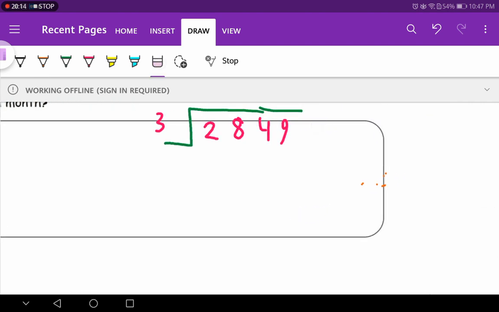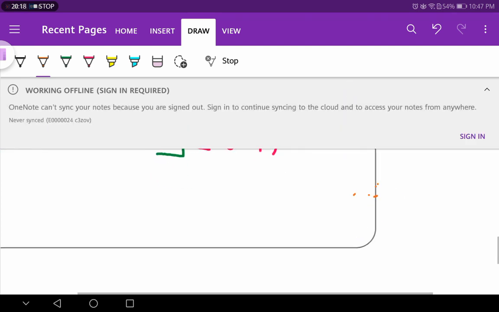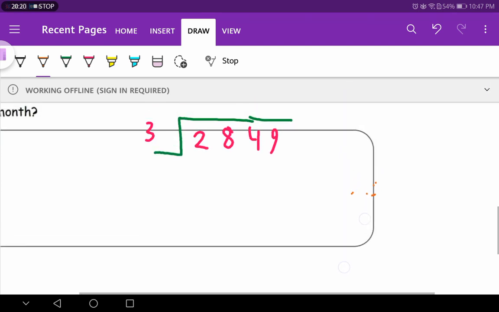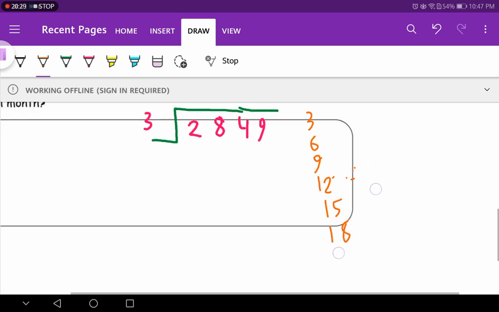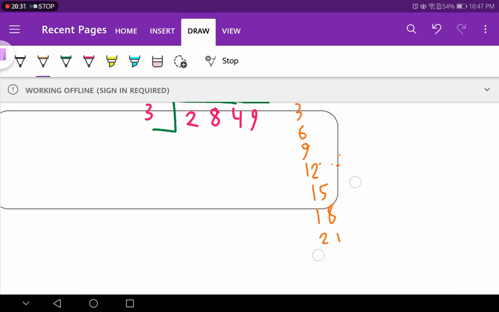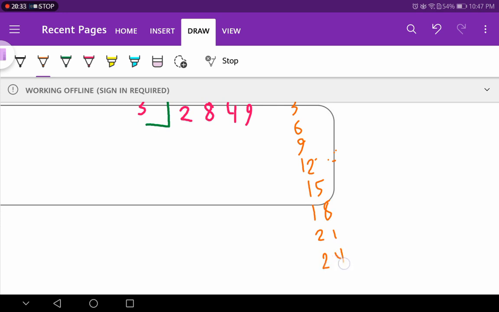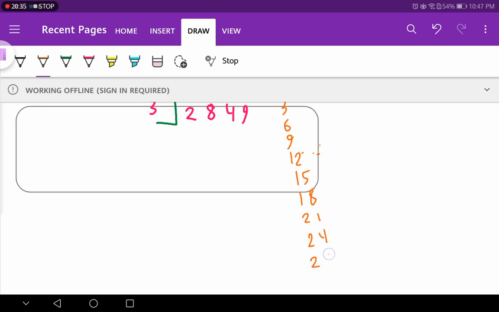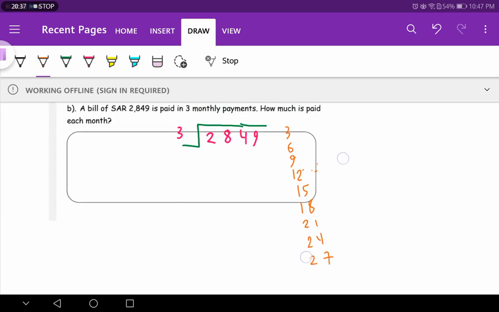Try to move it here. Okay, 3, 6, 9, 12, 15, 18. Draw your map. Draw your map. Your map guides you, helps you. Do it slowly and correctly.